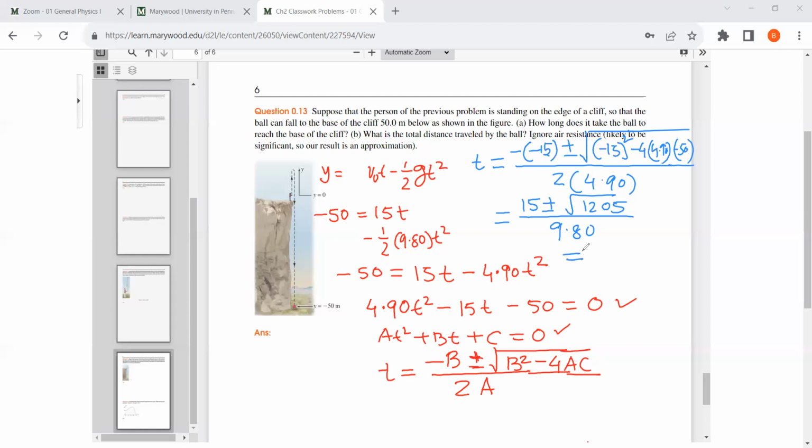Then you will have two numbers, one for positive and one for negative. So if you do all the things correctly, let me do one more line: 15 plus minus 34.7 divided by 9.8.